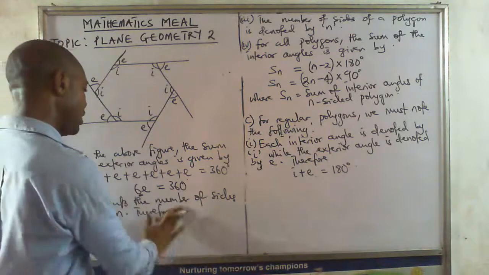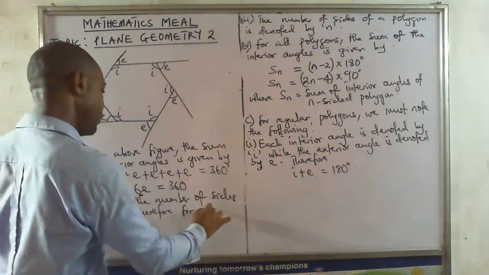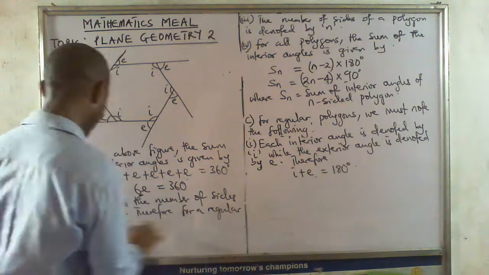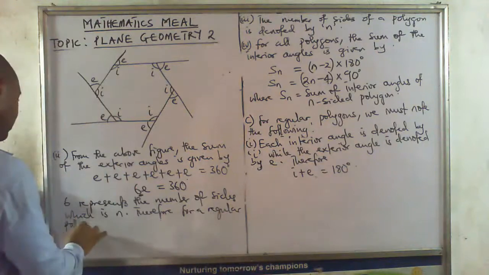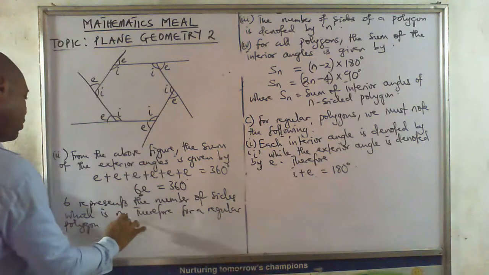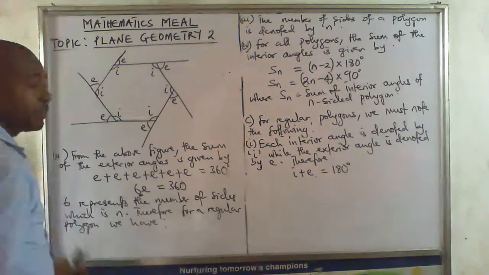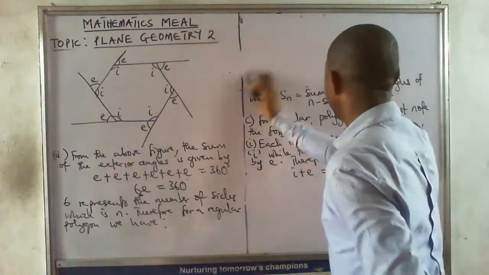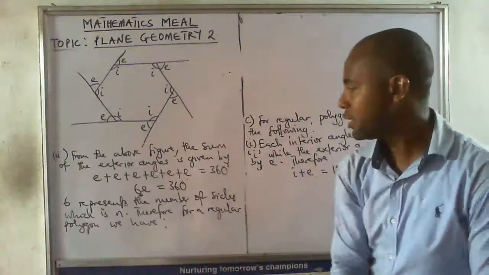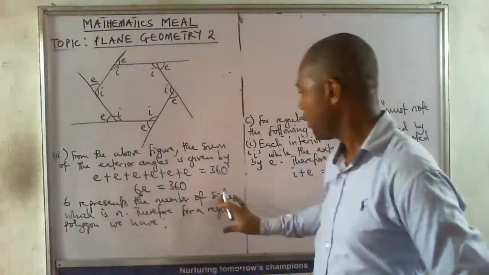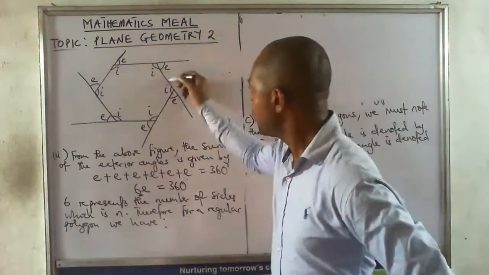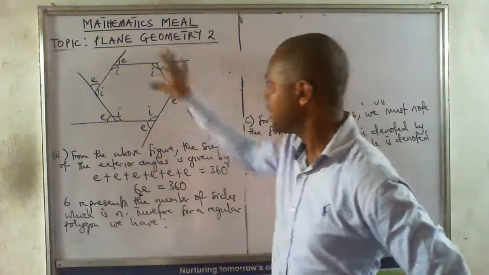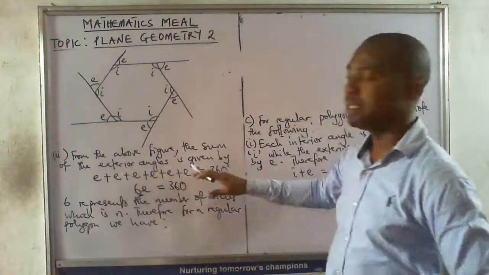Therefore, for a regular polygon, if I now replace this 6 with n, because this 6 represents the number of sides, because 1, 2, 3, 4, 5, 6 sides, that's how we obtain these 6 angles.